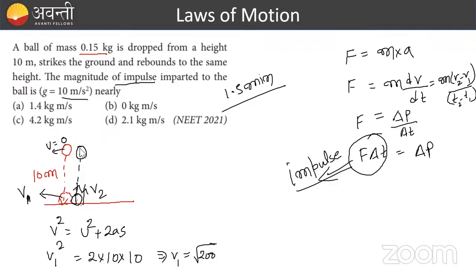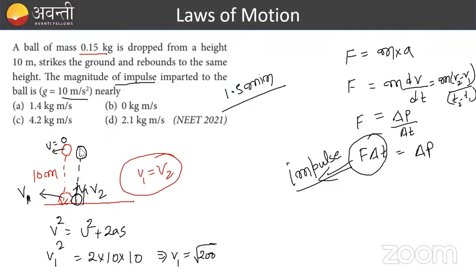Now, here is the point we need to catch. In the question it is given that it is rebounding to the same height. So it will rebound to the same height only if its velocity while striking and while going up is the same, that is, v1 should be equal to v2. Then only will it again rise up to the same height.